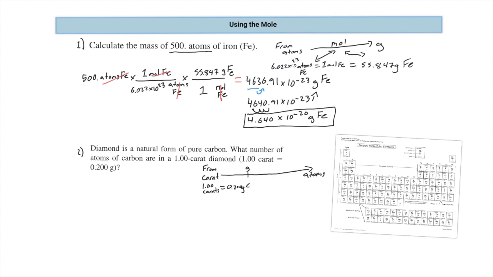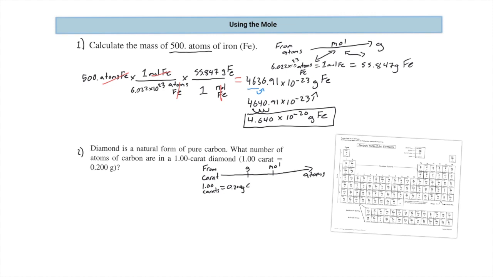Now I got to get between grams and atoms. So this is essentially what we did up here, but backwards, right? So we know we first need to get to moles, and then we can get to atoms, right? So grams to moles. It looks like we need to go from grams of carbon to moles of carbon.